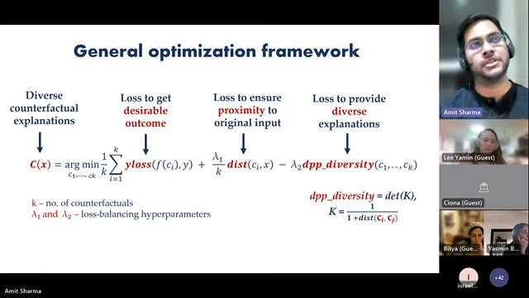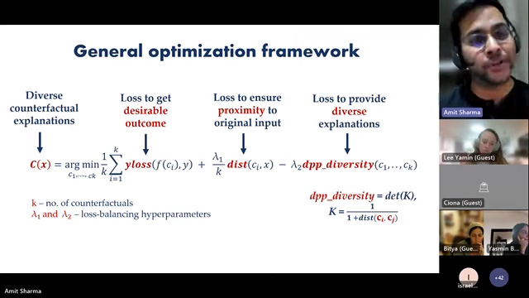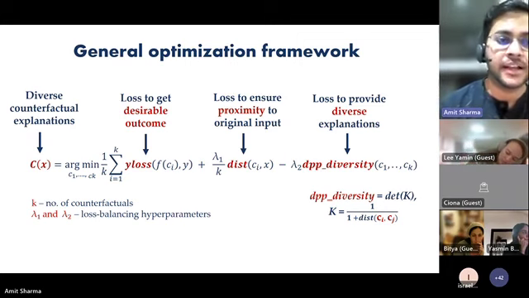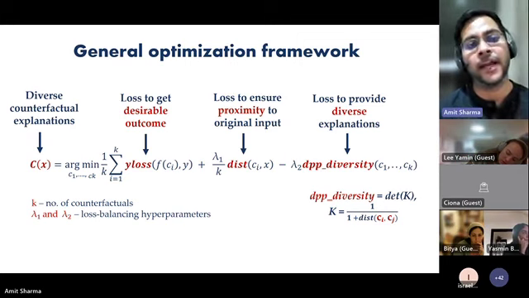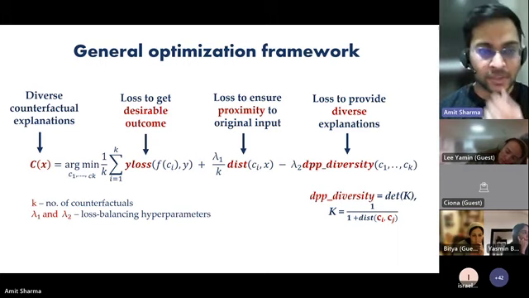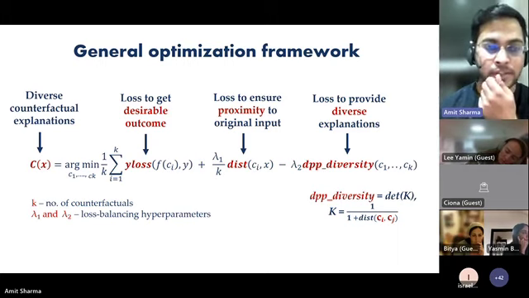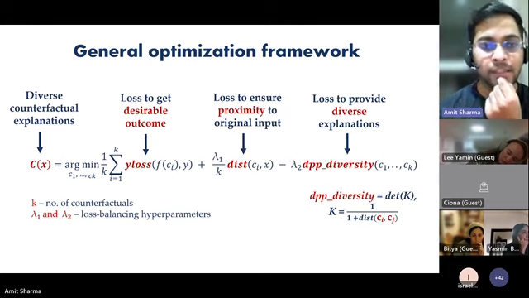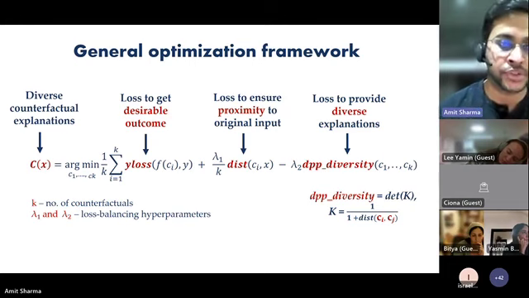So what would you do? If you're using deep learning, you probably already know gradient descent. And so that's our first idea, right? Let's just use gradient descent and slightly tweak the objective. So our goal now is not to learn f, but to learn this c_i. So what we can say is that we minimize this loss where the y of this new c_i that I want to generate should be the y I want.